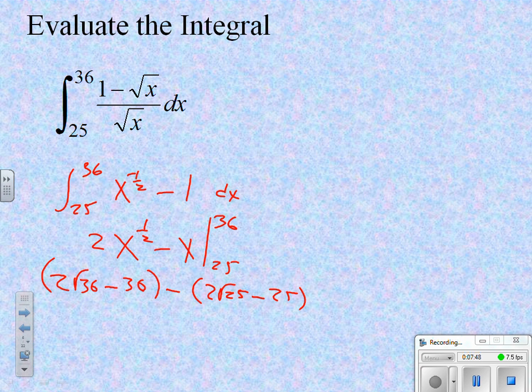Unless it's multiple choice, there's no requirement that you simplify this. 2 square root of 36 is 12. 12 minus 36 would be negative 24, minus 2 square root of 25, 10. 10 minus 25 is negative 15. We end up with a value of negative 9.